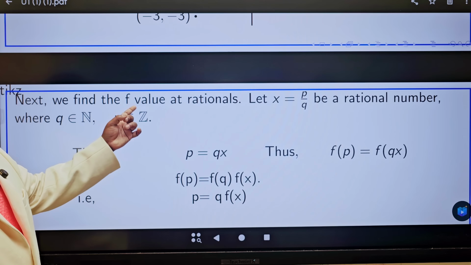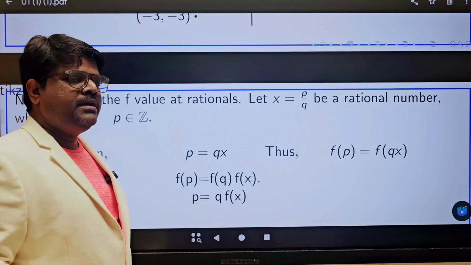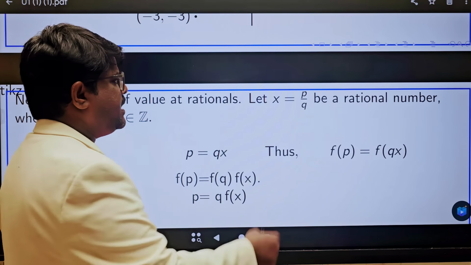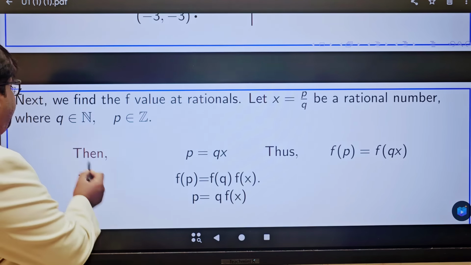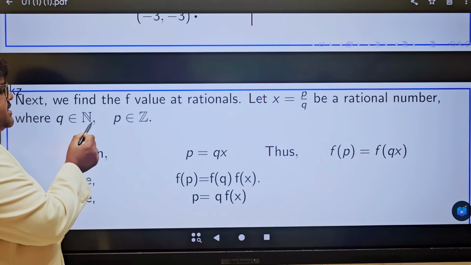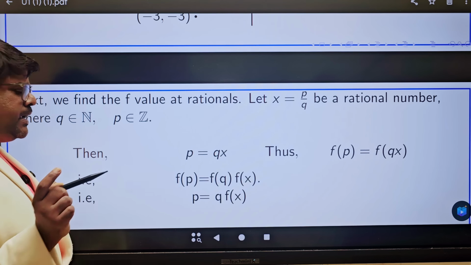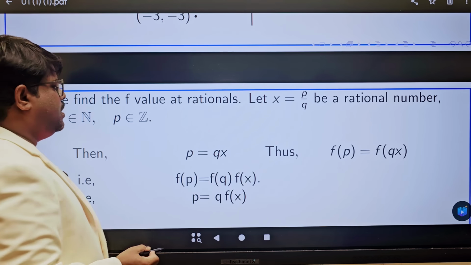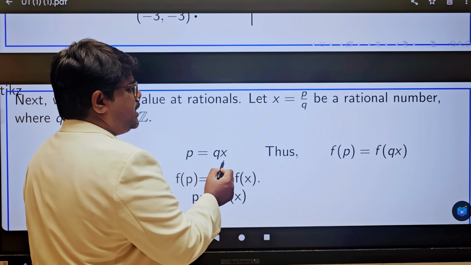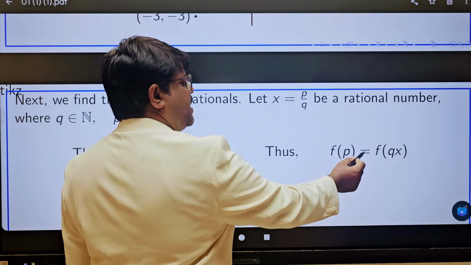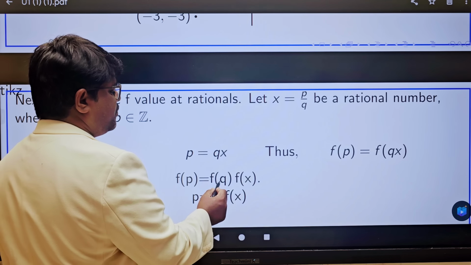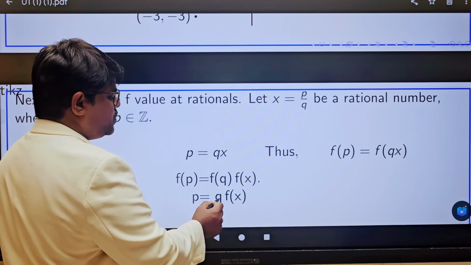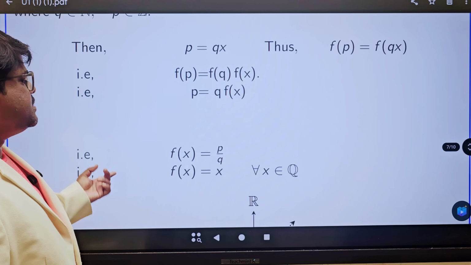Next we find the value of f at rational numbers. Let x equals p by q be a rational number where q belongs to the natural numbers and p belongs to the integers, that is p equals q into x. Thus f of p equals f of q into x, which is q into f of x, so p equals q into f of x.